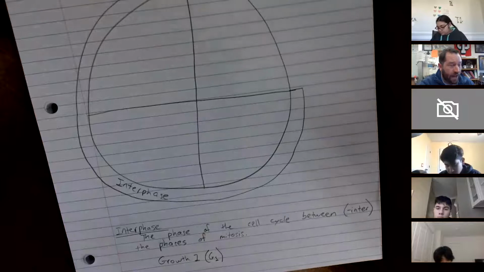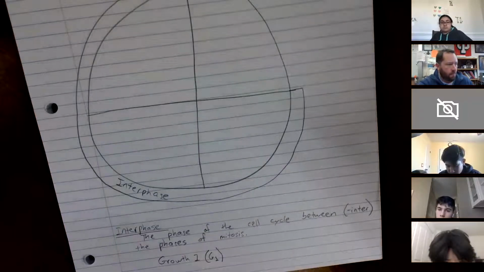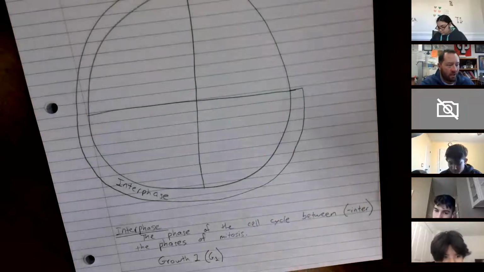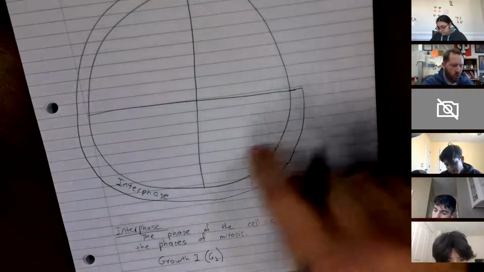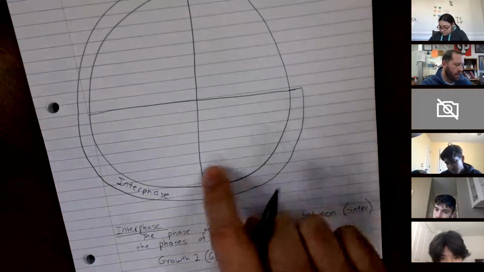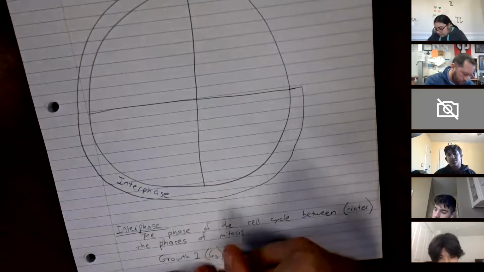Now, some people call it gap 1. I like the name growth better because that describes what's happening. The term gap 1 is from back when we didn't think there was a whole lot going on. It's just a gap phase, but that's not really accurate. There is quite a bit going on in this first stage.